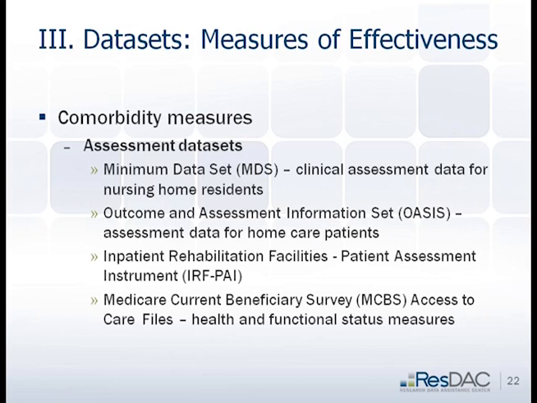And the one that I have the most experience using would be the Medicare Current Beneficiary Survey, which is the MCBS, and the Access to Care files contain numerous health and functional status measures.